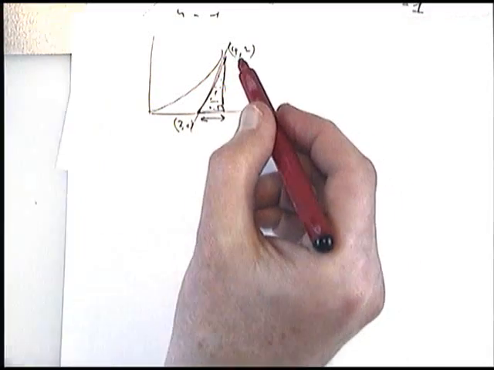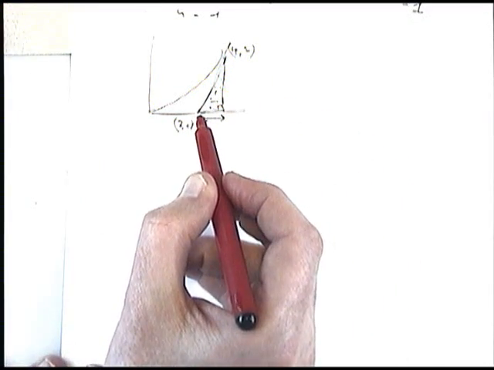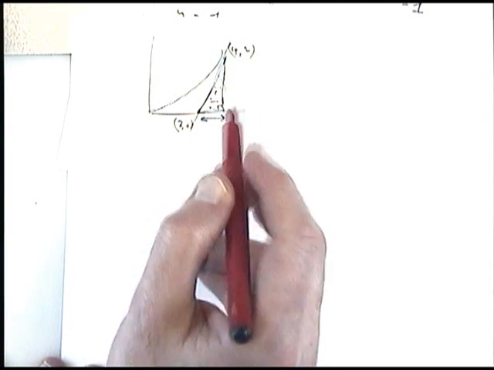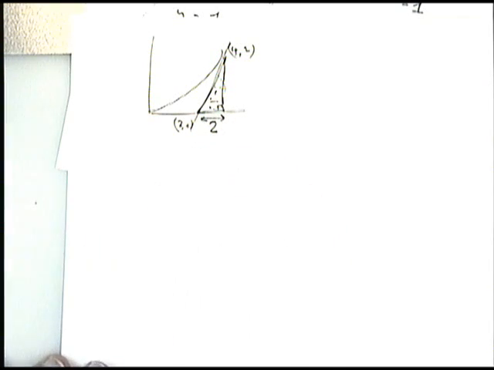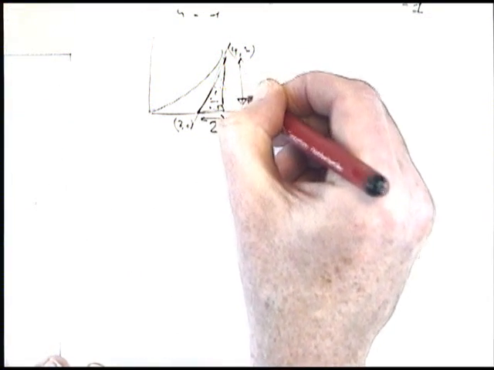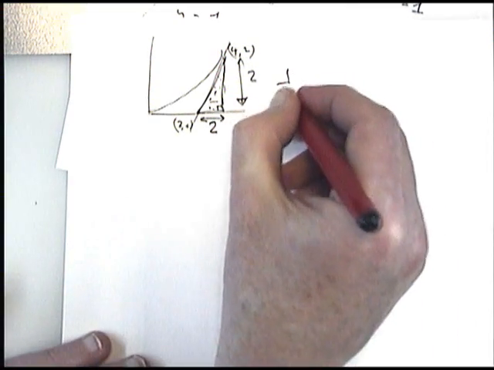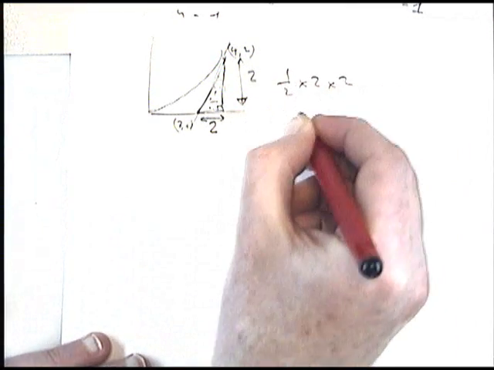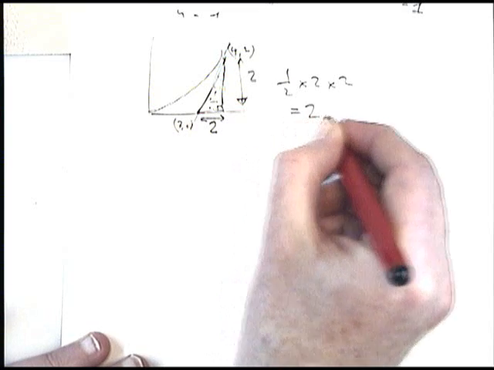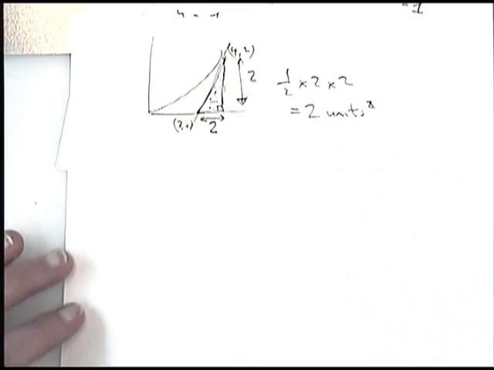I said that point at the top is (4, 2), the point here is (2, 0). So that is 2 on the x-axis, this is 4 on the x-axis. That has a width of 2, that is 2 up, that has a height of 2. So the area of that triangle is half the base times by the height. Half of 4 is 2. So the area of that triangle is 2 units squared.